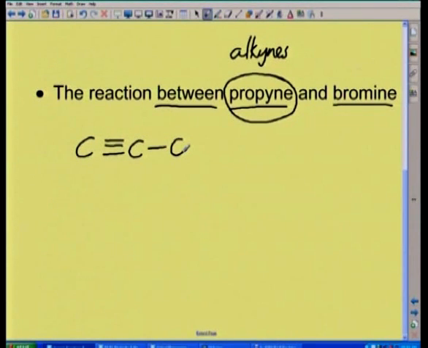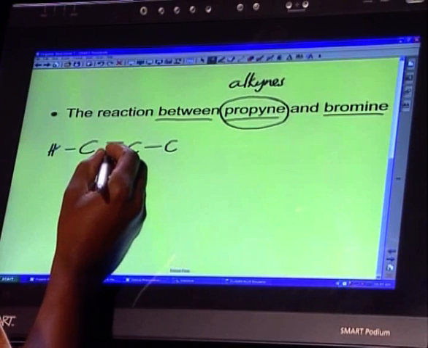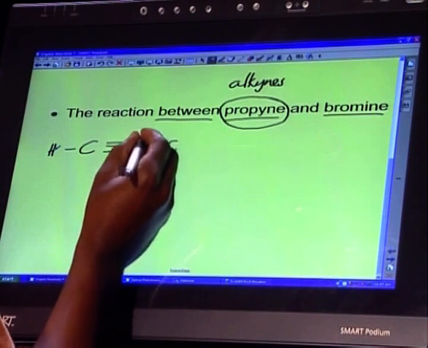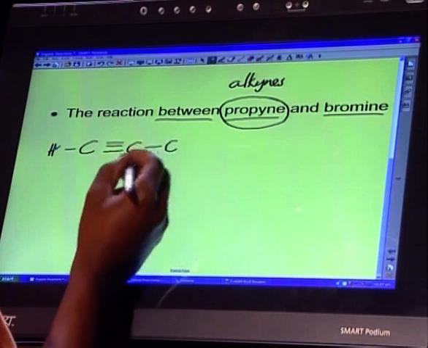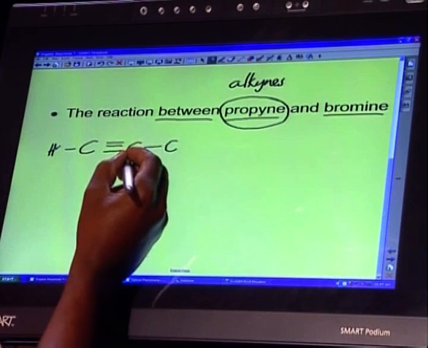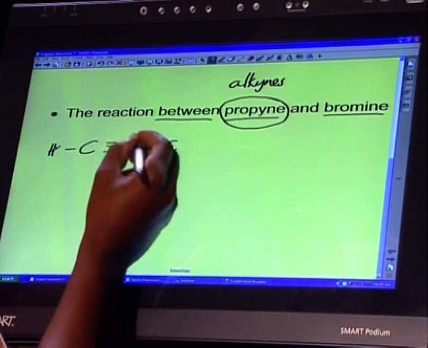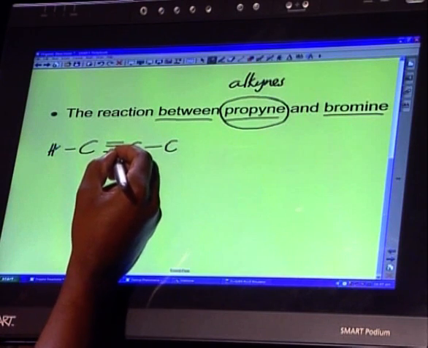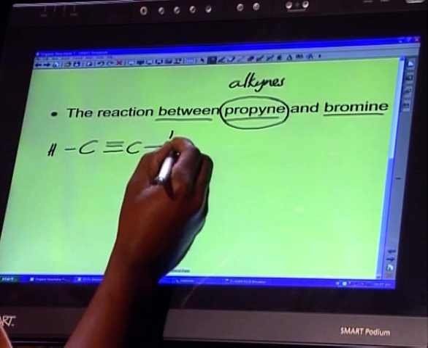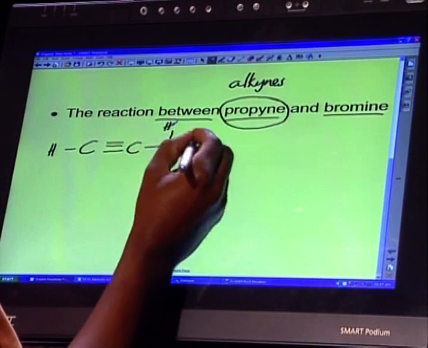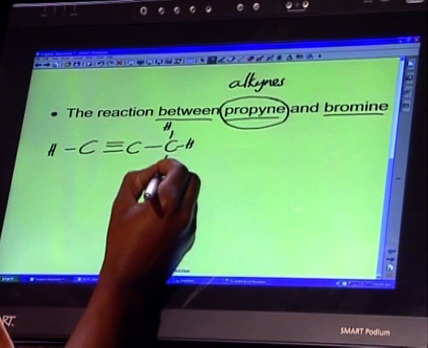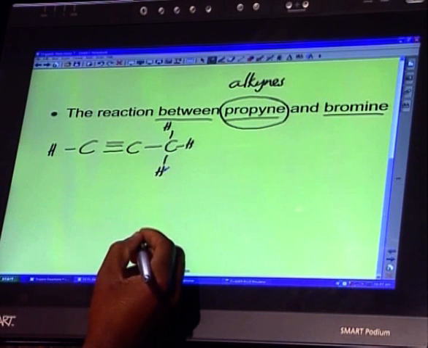So that will be propyne. Because here we already have 3 bonds, it means I only have one hydrogen attached to that carbon. The same thing will apply here. You've got 1, 2, 3, 4 bonds, and therefore no hydrogen atom can be attached to the middle carbon atom because it has all its bonds used up. The last one can take 3 more. So that is propyne.